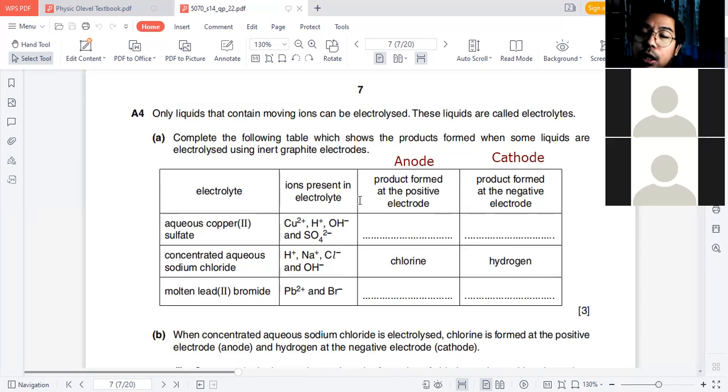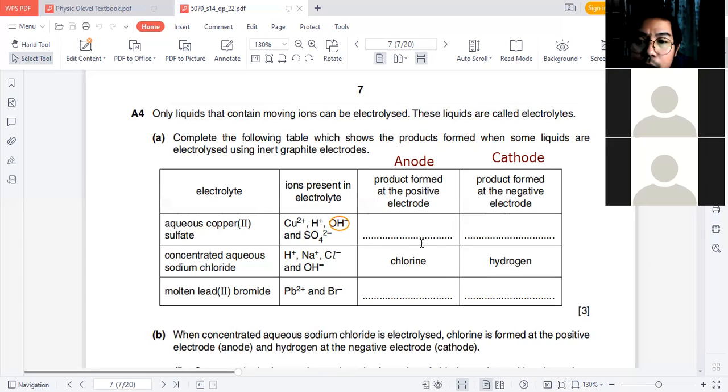If we're talking about anions, we look at the concentration: the more concentrated anion will be discharged first. In this case, two of them are anions, and the anion that will be removed is hydroxide. If you remove hydroxide, you form oxygen.